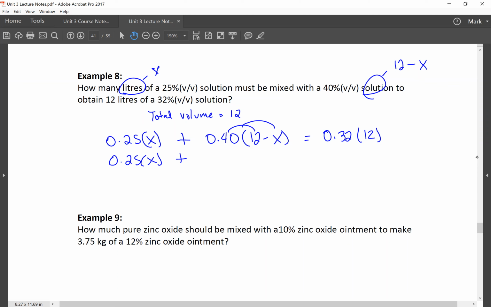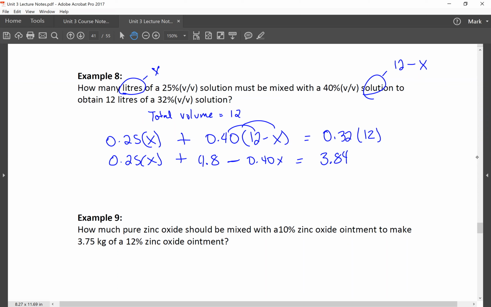So when I do this, I get 0.25x plus 0.4 times 12, which is 4.8, minus 0.40x. Okay, just making sure I did my calculations okay. Yep. And then 0.32 times 12 on the other side is going to equal 3.84.